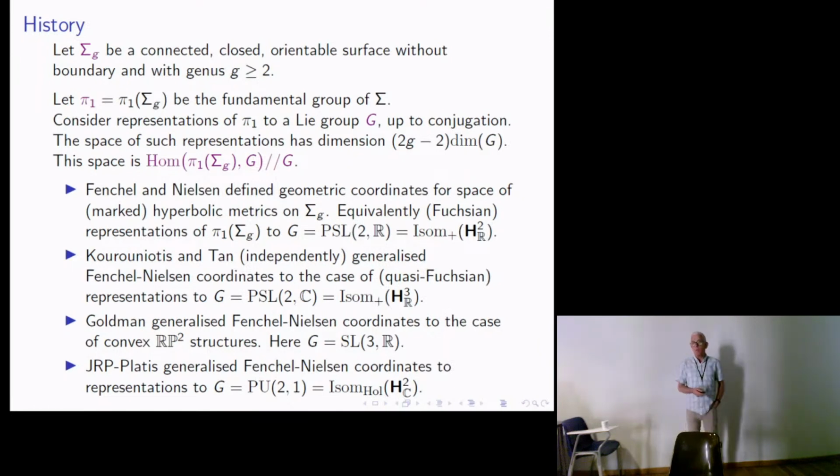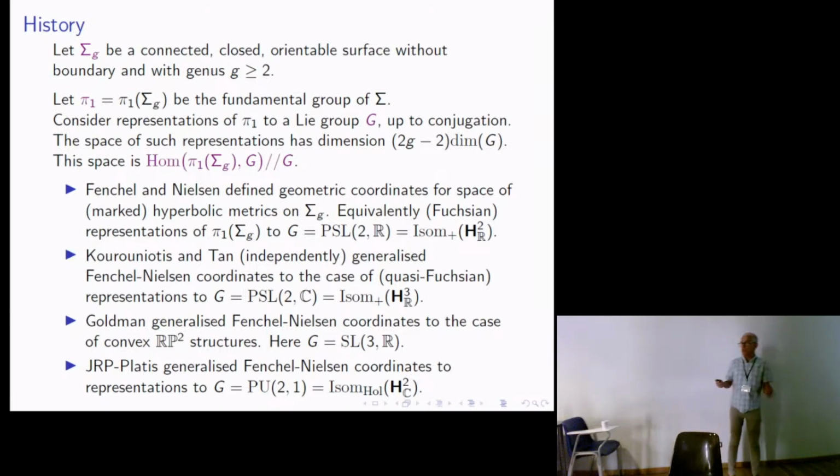This is equivalent to thinking about representations of the fundamental group. There are really three different interpretations of Teichmüller space: one in terms of hyperbolic metrics, one in terms of conformal structures, and one in terms of representations of fundamental groups. We slide backwards and forwards between those, and it's really the group theory one that I'm most interested in.